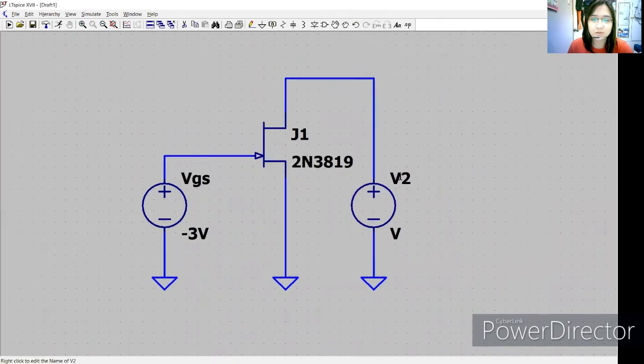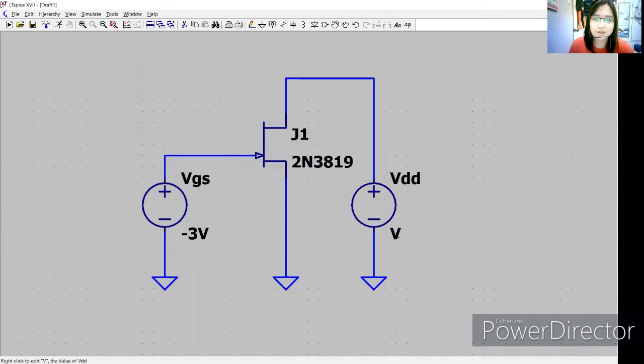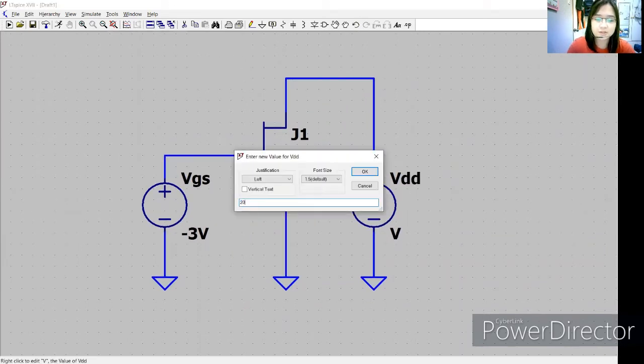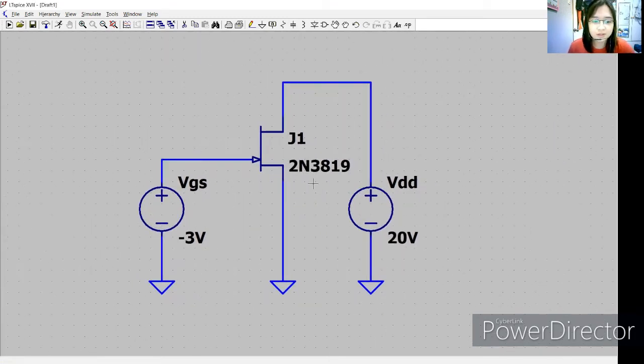And for our V2, we will label it as VDD and set it to 20 volts. As shown, the circuit was set up to produce the common source characteristic curve.